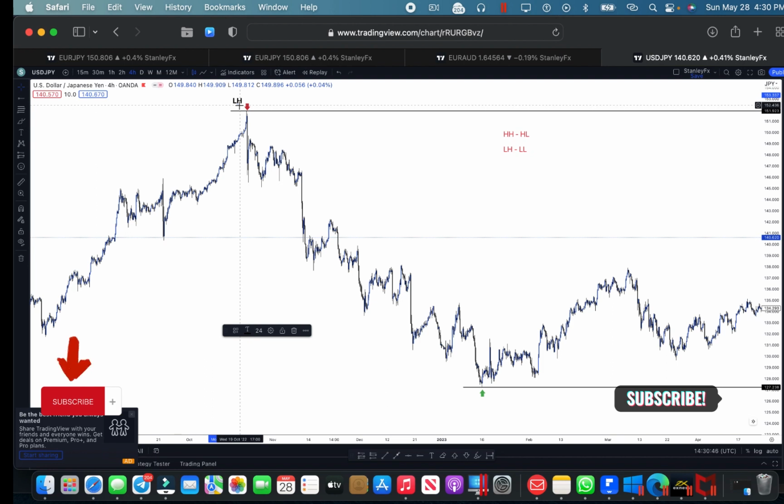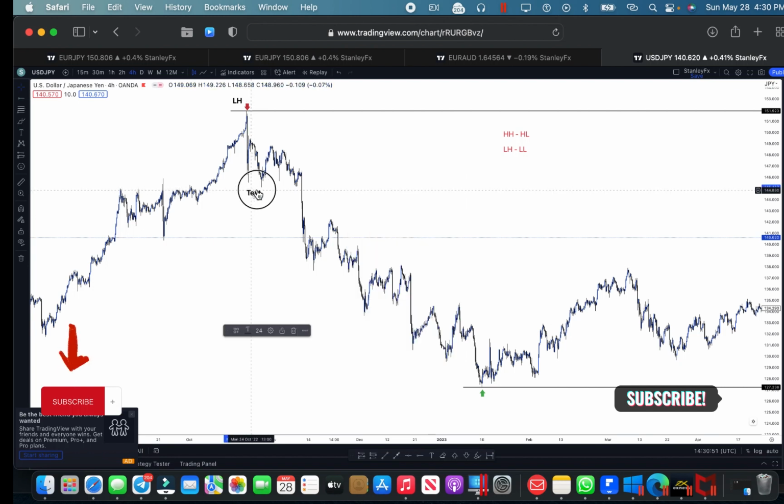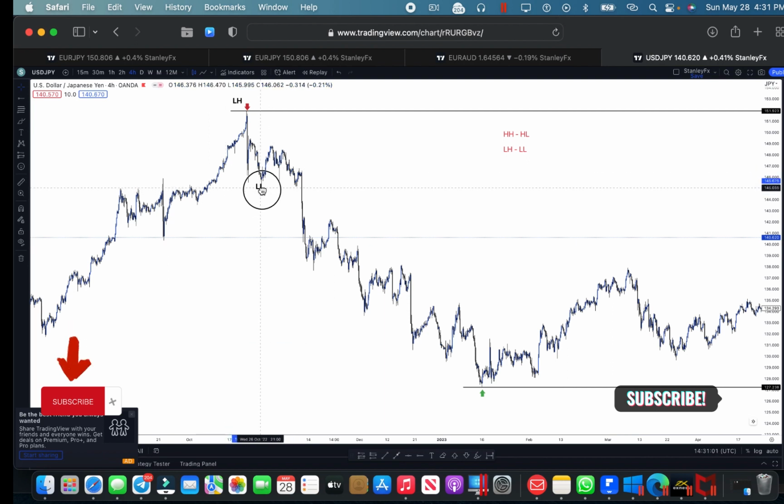So we can see that lower high, and we also have this lower low here. We just go for the majors. You can see this lower low at this particular point as well. The market started selling from that high and came back to this point.